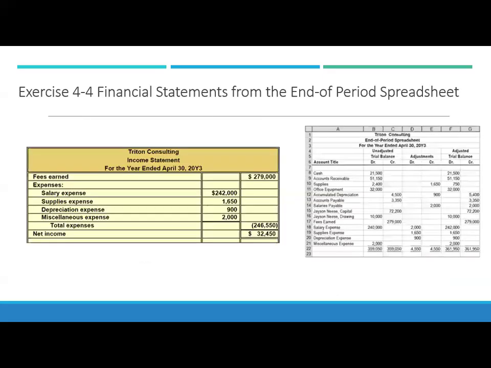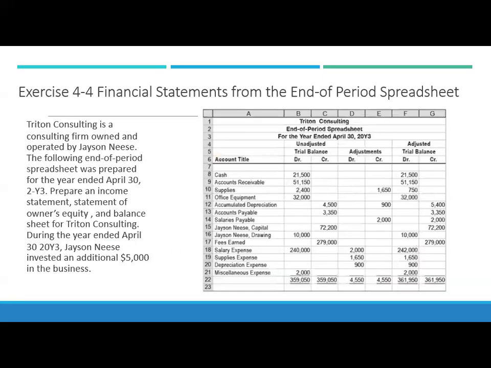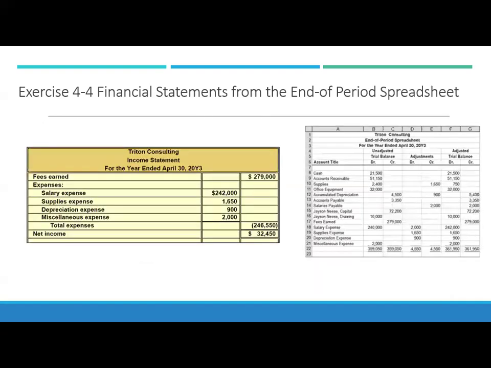And here's another example. In this example, Jason invested an additional $5,000 in the business. So we prepare the financials just by taking all the expenses from their proper section.